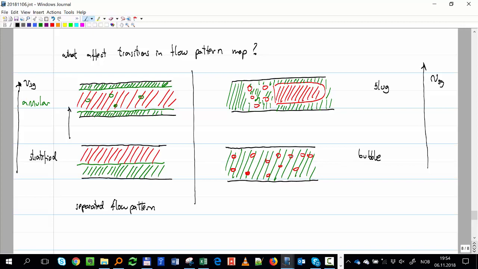So these two flow patterns to the right, I call them mixed flow patterns.